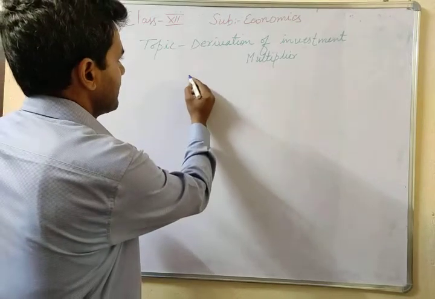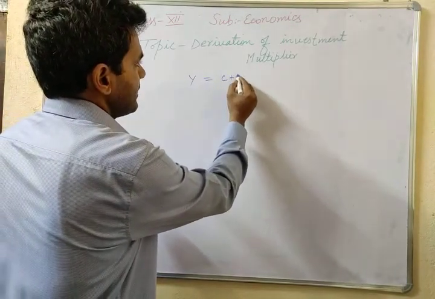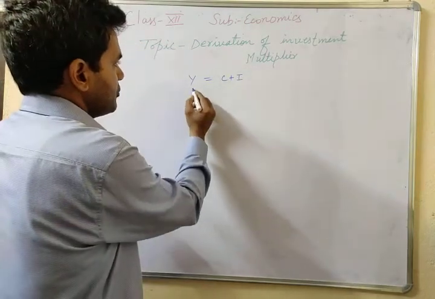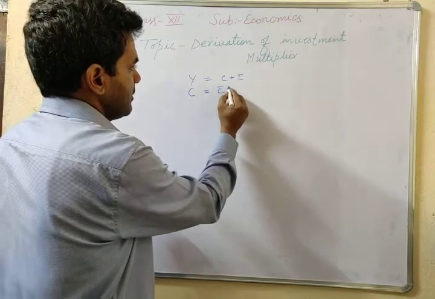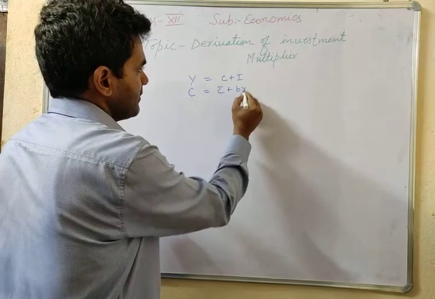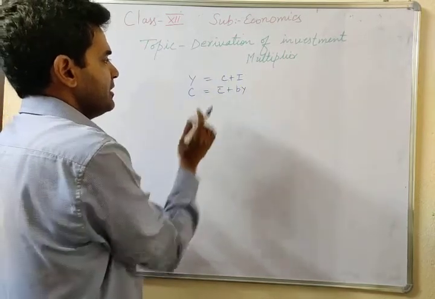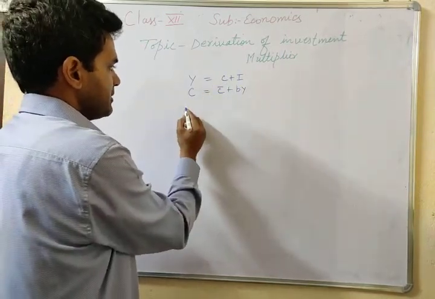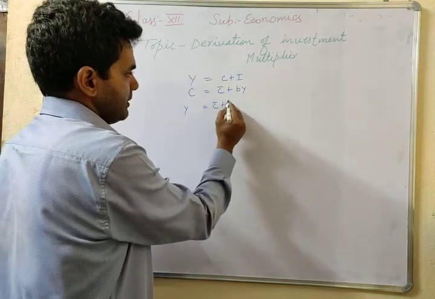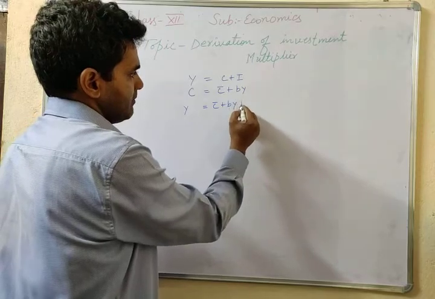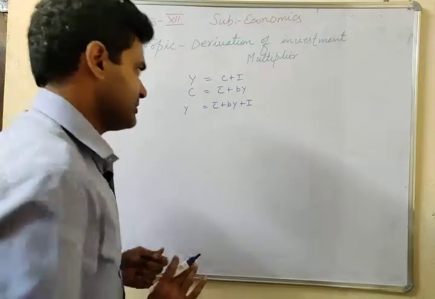We know that Y is equal to C plus I, and we also know that C is equal to C bar plus bY. If we substitute this value of C, then we get Y is equal to C bar plus bY plus I. Now the equation will become like this.